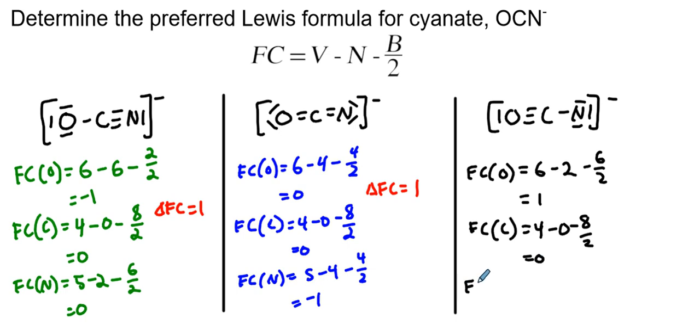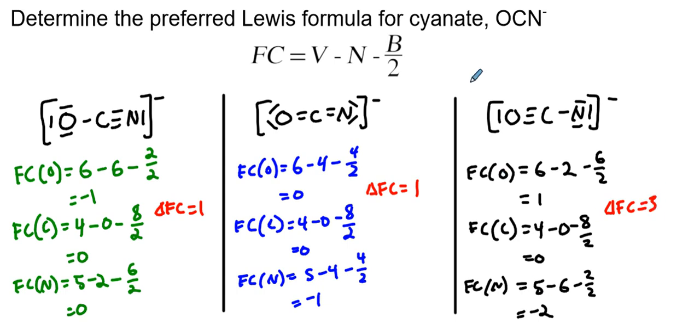And the formal charge on the nitrogen, this one looks like it's going to be different. This is 5 minus 6 minus 2 over 2, which is going to give me negative 2. So that means this one has a formal charge difference from the +1 to the negative 2 of 3.